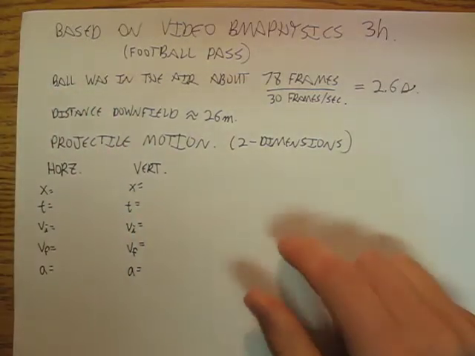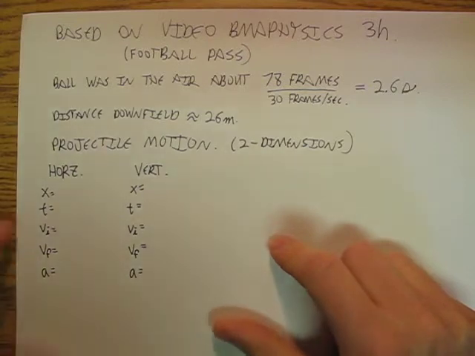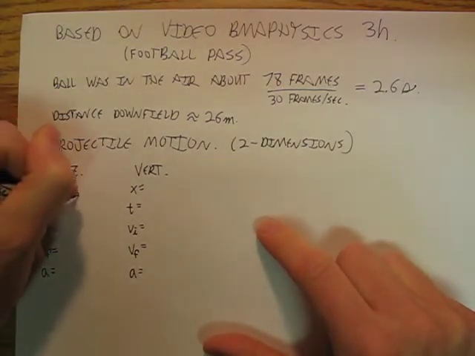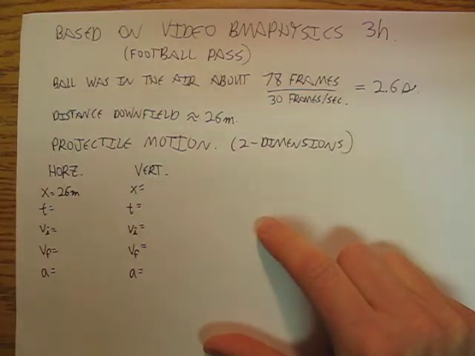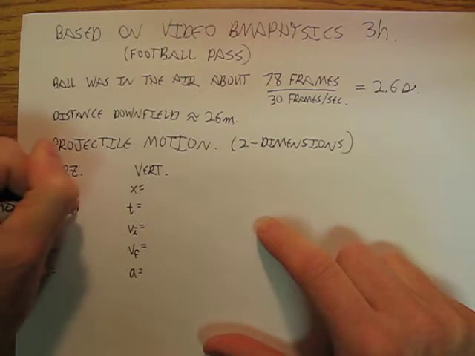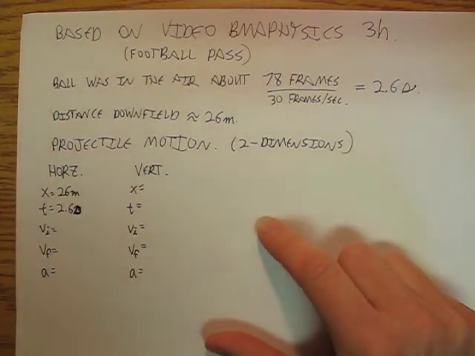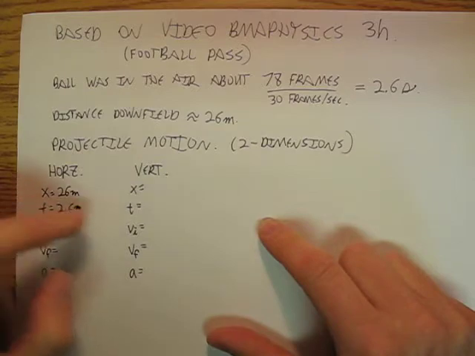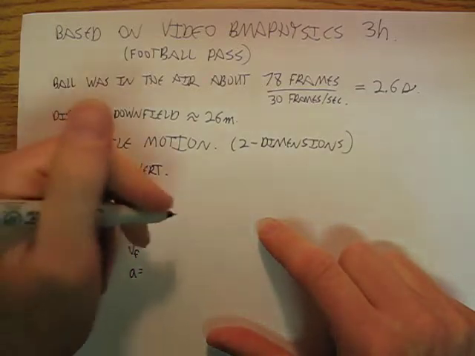Now we said that the horizontal distance that it traveled was about 26 meters. And we said that the time that is spent in the air was about 2.6 meters, or I'm sorry, seconds. 2.6 seconds. Now, the time that is spent traveling horizontally is going to be the same as the time it's spent traveling vertically.